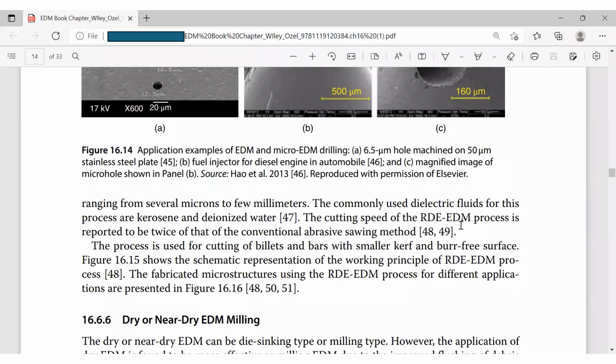The cutting speed of this process is reported to be twice that of the conventional abrasive saw method. So that means the material removal rate is double. The process is used for cutting of billets and bars with a smaller curve and a burr-free surface.